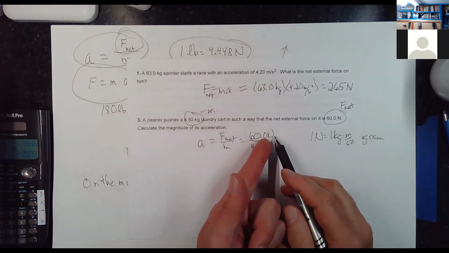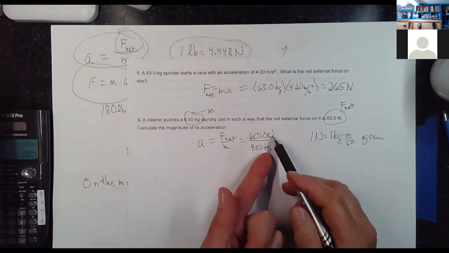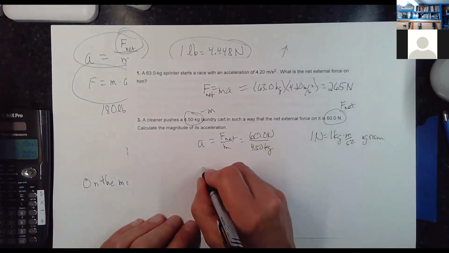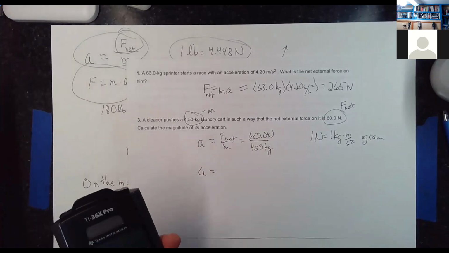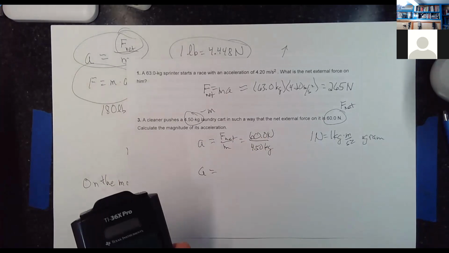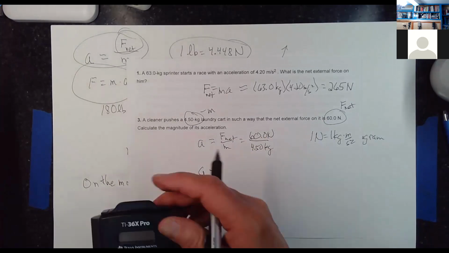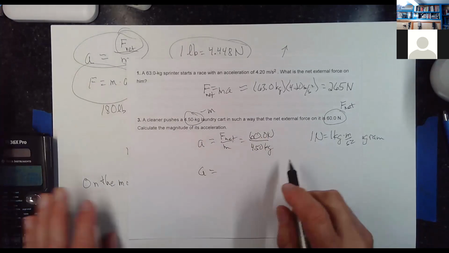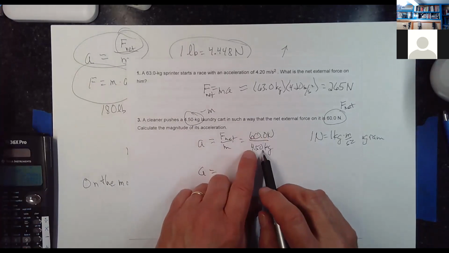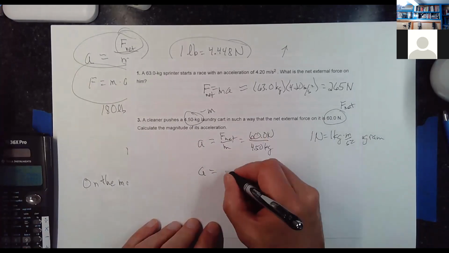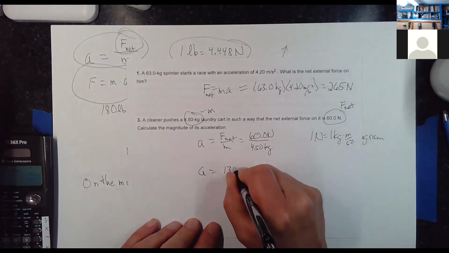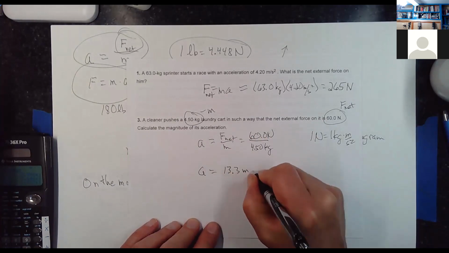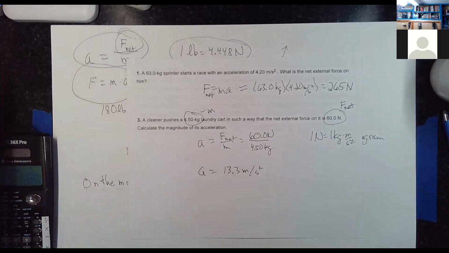So the kilograms divide out, and whatever 60 divided by 4.5 happens to be. And I can keep 3 significant figures because I've got 3 here and 3 there. So I get 13.3 meters per second squared is what the units would end up as in that case.